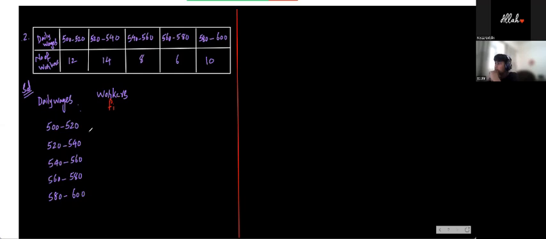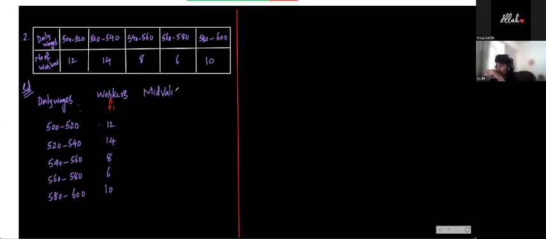First is 12, then 14, 8, 6, and 10. Then the mid values column is required.